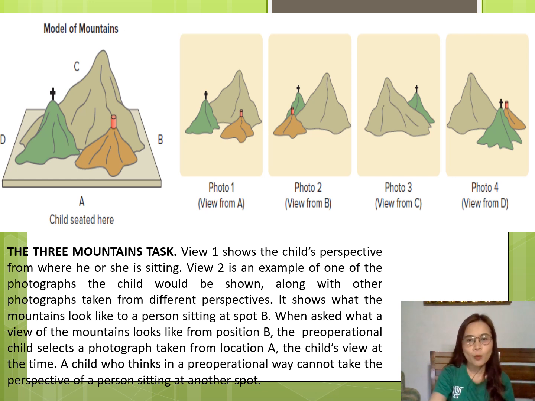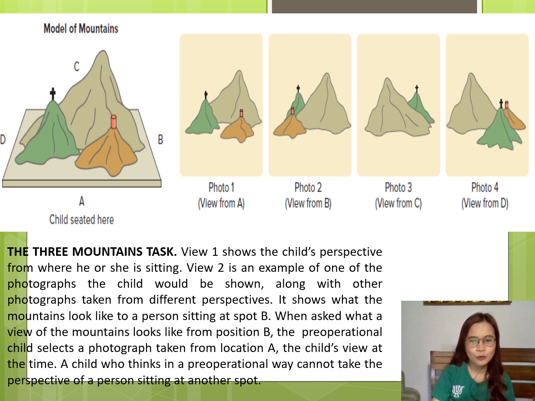It shows what the mountains look like to a person sitting at spot B. When asked what a view of the mountain looks like from position B, the pre-operational child selects a photograph taken from location A. So, ito yung may green, may brown na mountain, at nasa likod yung malaking mountain. Yun yung pipiliin ng pre-operational child.